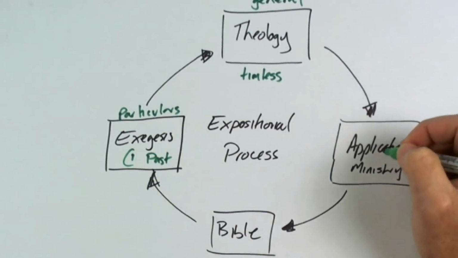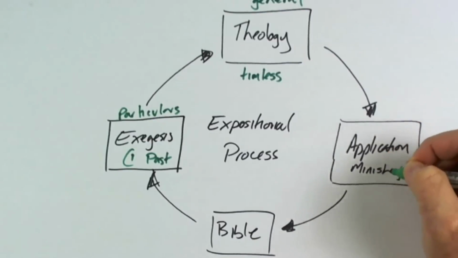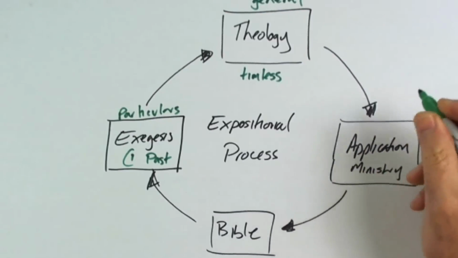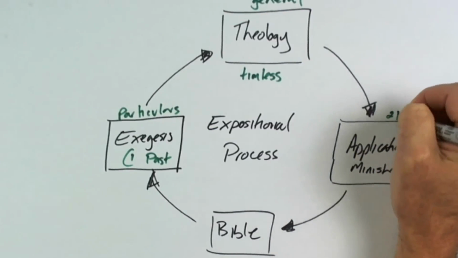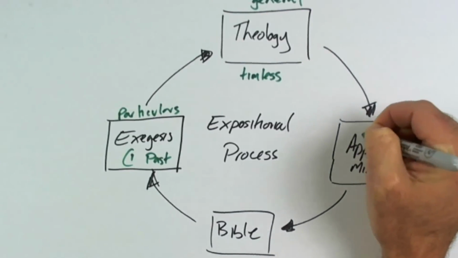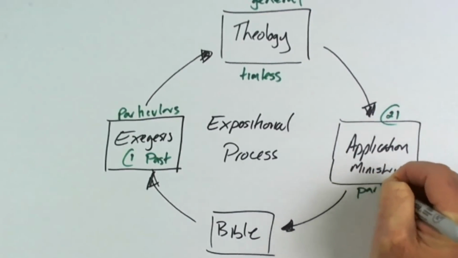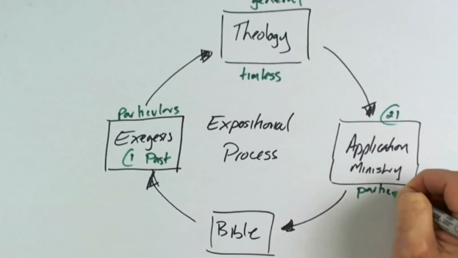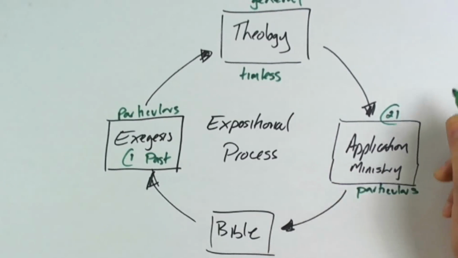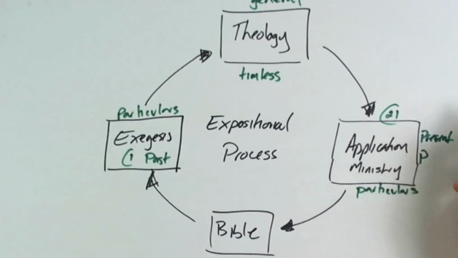Over here, at the application stage or the ministry stage or the homiletical stage, you're dealing with the 21st century. So again, you're going to be dealing with particulars, just like over in the exegesis stage. So this is going to be present, and it's going to be personal.